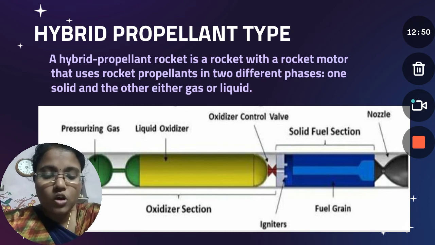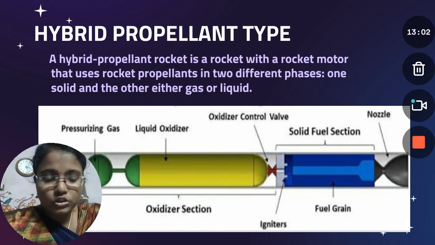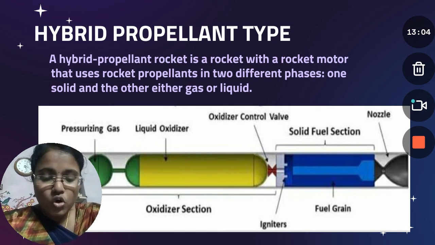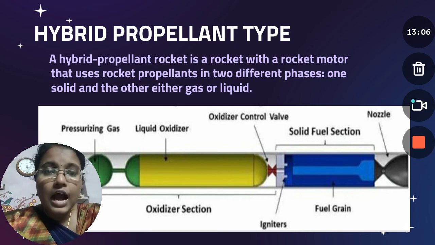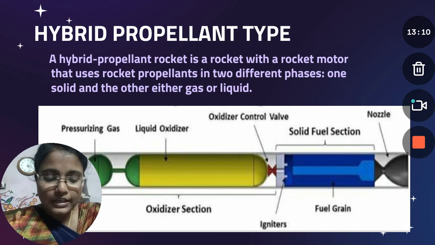A mixing chamber is kept after it for complete combustion of fuel and oxidizer before exiting the nozzle. Hypergolic fuels used are hydrazine, monomethyl hydrazine, and unsymmetrical dimethyl hydrazine. Oxidizers mainly used are nitrogen peroxide and nitric acid.